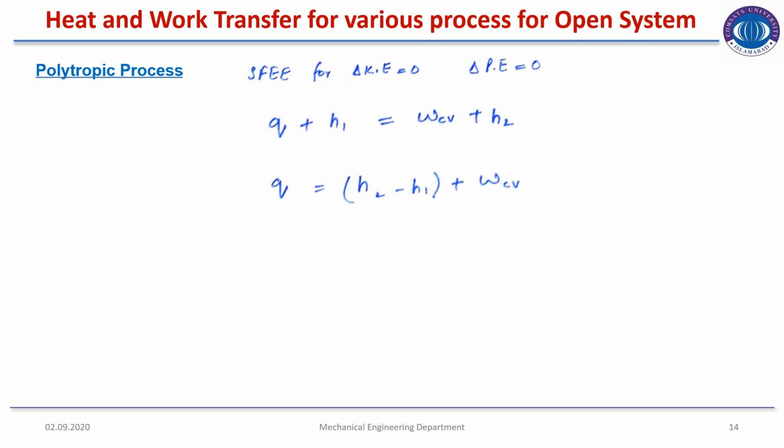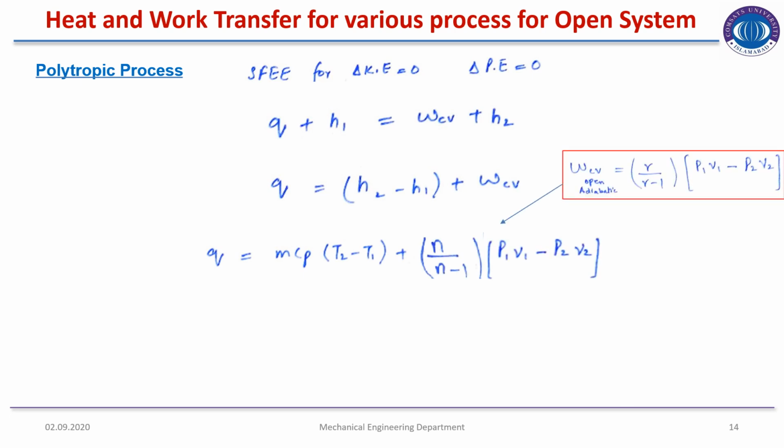So Q is equal to H2 minus H1 plus control volume work done.